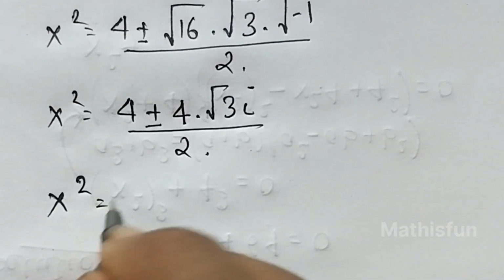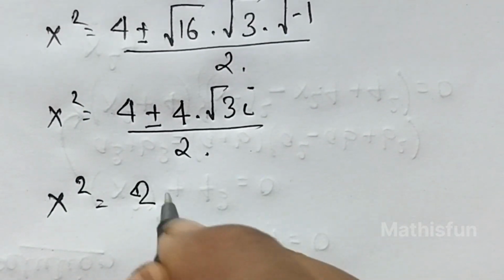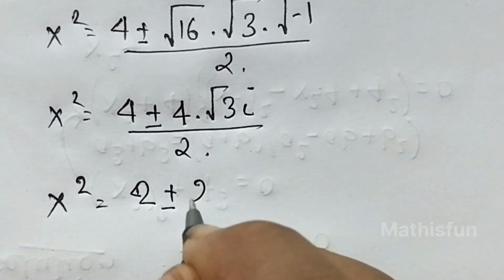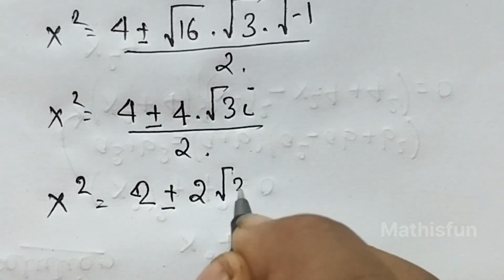So this becomes x square is 2 plus minus 2 root 3 i.